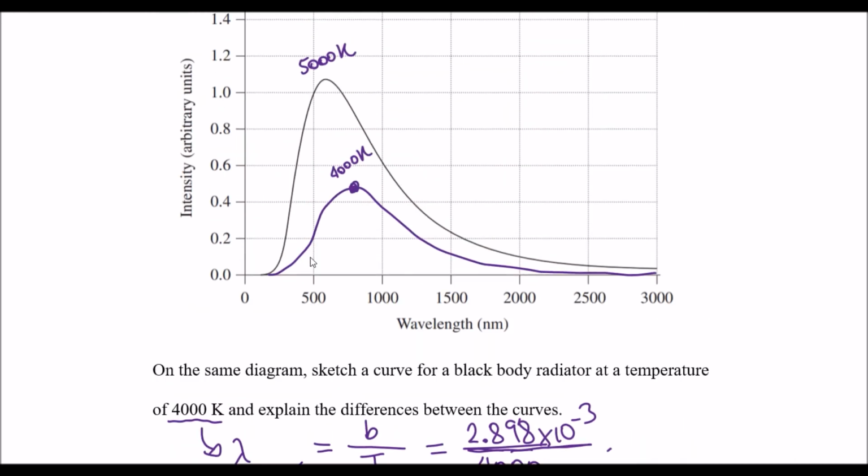Also, the reason why our curve is lower is because the intensity of the light would be less, and so we would have less transitions as well.